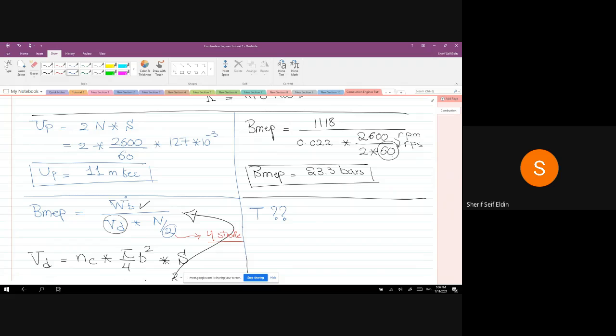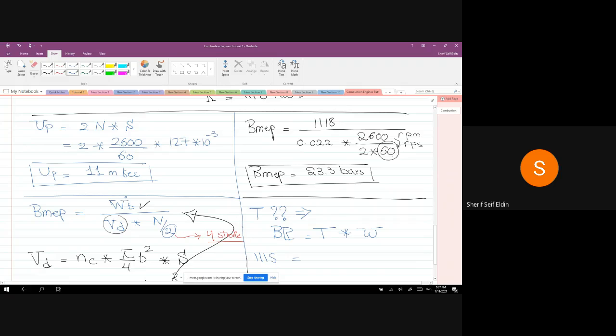So the torque, from the brake power equation, is torque multiplied by omega.